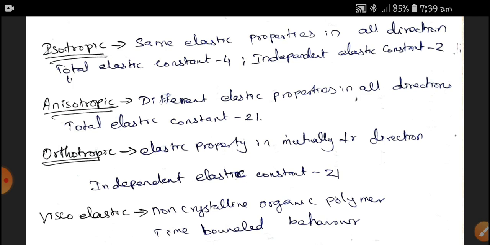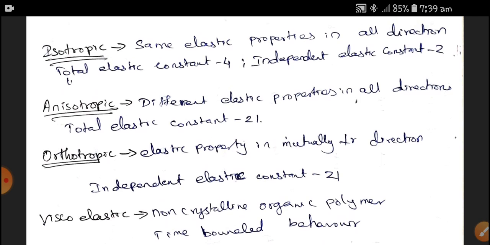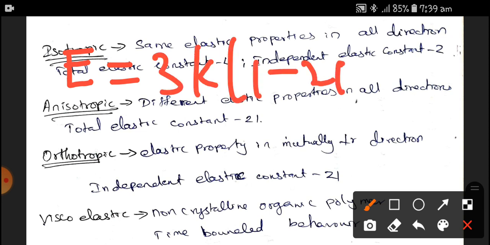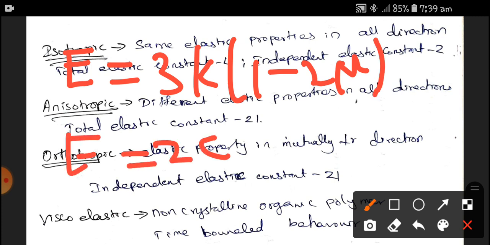If we know any two independent elastic constants, the other two can easily be found. We know the relationships: E is equal to 3K into 1 minus 2 mu, and E is equal to 2C into 1 plus mu.